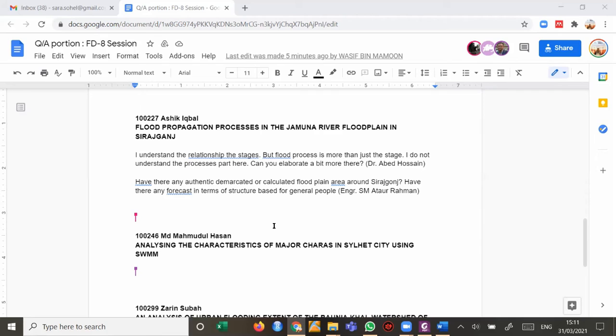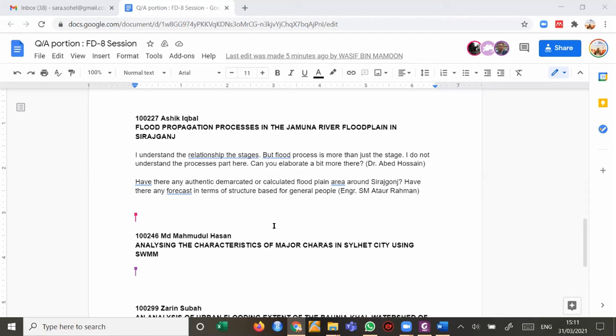Maybe the question is a bit hard, but try to. Yes, sir, I got it. My area is only 2.4 square kilometers, so that was a little bit easy for me. But if we consider more area, we have some measured bathymetry in a few areas by some government organizations.